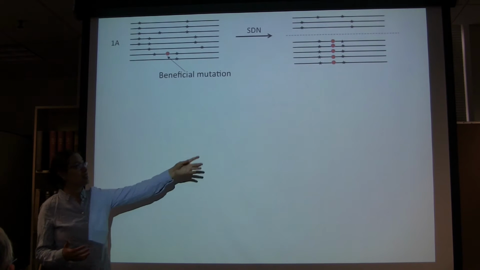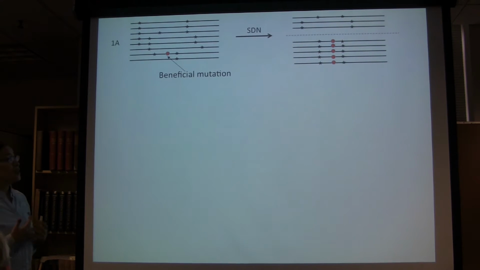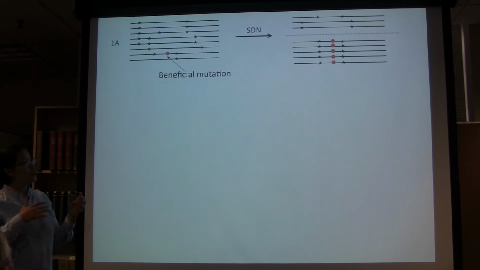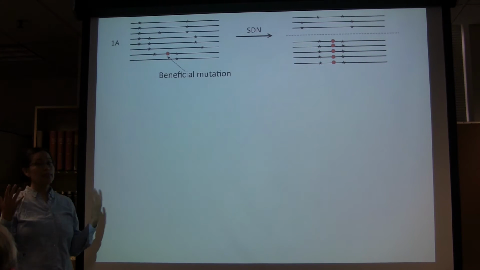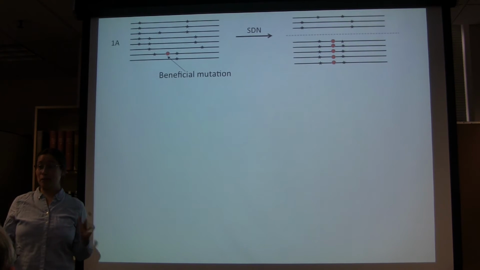That haplotype will rise to high frequency, and with it, it's going to take all of the linked neutral variation. But if you group the haplotypes with the selective mutation and those without, you find that there's still a lot of shared variation between those two haplotype classes.